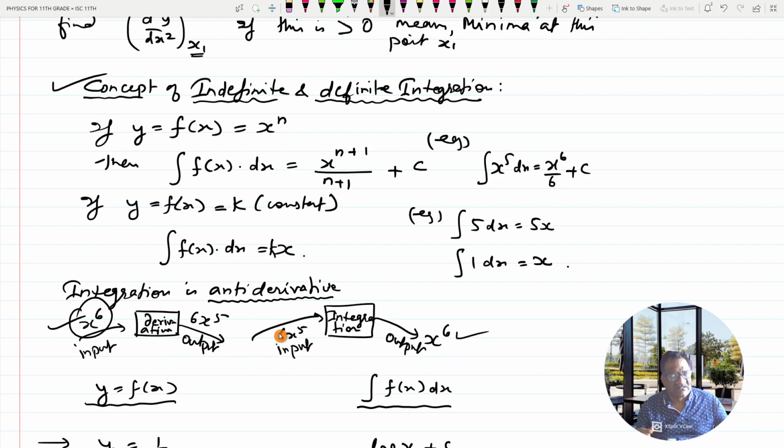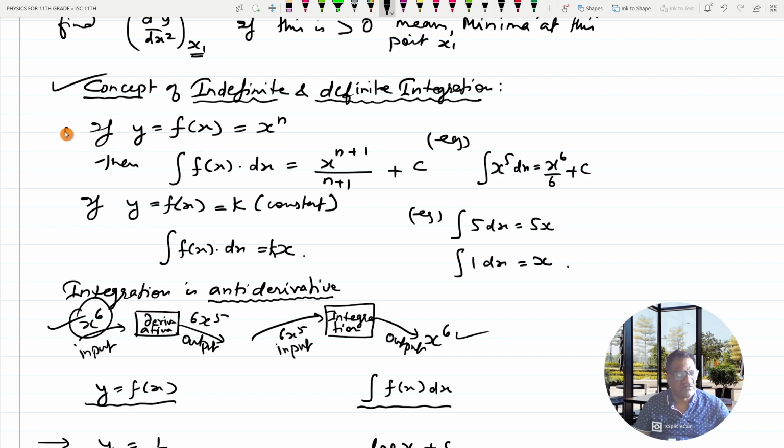So this is how derivative and integration are related to each other. The derivative is the output of a derivative factory, and that output, if you take as input of the integration factory, you will again get the input of the derivative factory. So it will get back to the same function x raised to 6. So this is all about integration.